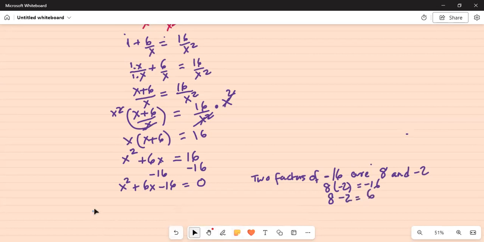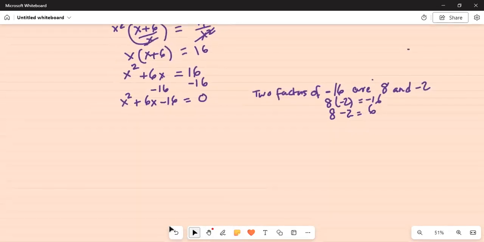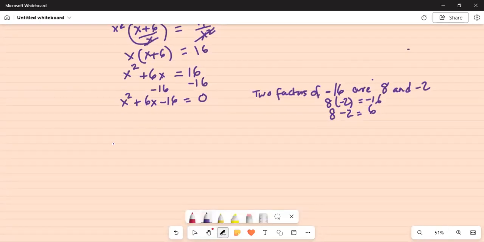So, therefore, we can write the 6x on the left-hand side as x squared plus 8x minus 2x minus 16 equal to 0. Notice 8x minus 2x is plus 6x. Also 8 times minus 2 is minus 16, as I showed.